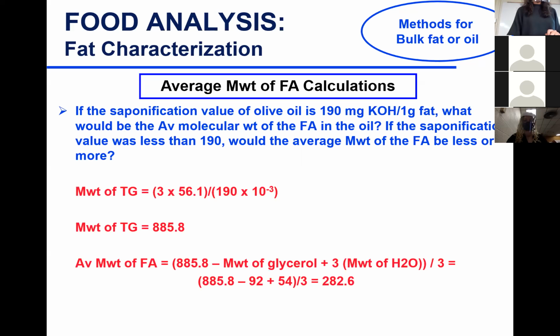Let's look at the calculations. Excuse me, I don't have the units here, but you have to remember to write your units. So for this molecular weight of triglycerides, here you use the given.